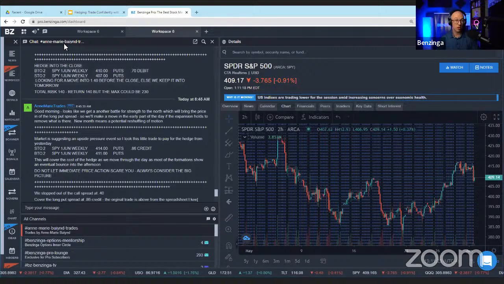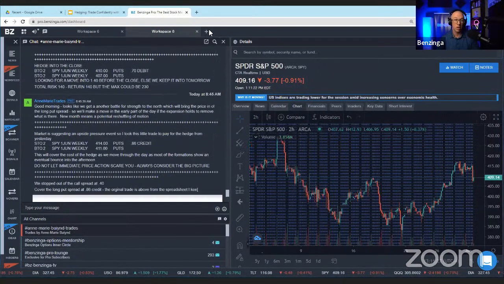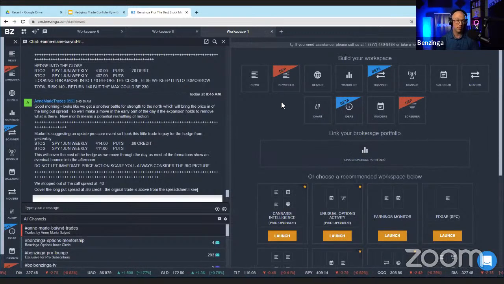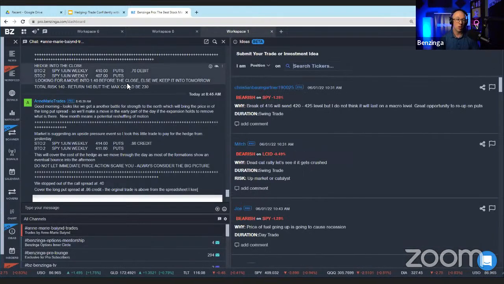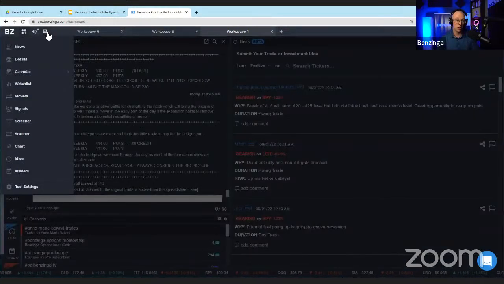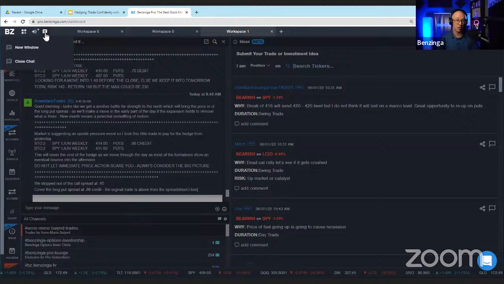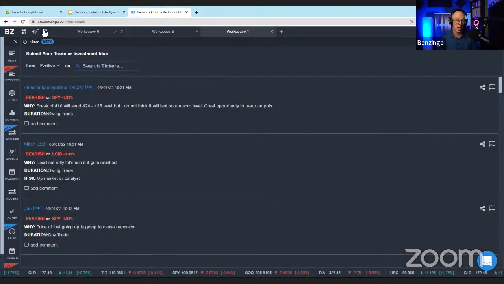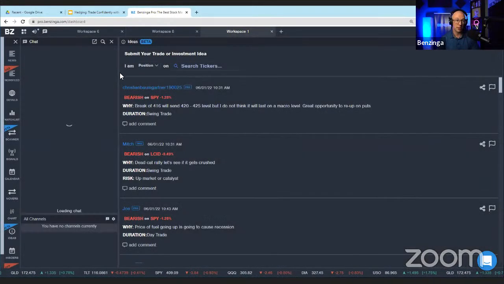But what I wanted to show you here is inside of Benzinga Pro, we've got this chat room. We have all these other tools for news, scanners, charting, you name it, a bunch of good stuff in here. What I wanted to show you is if you have the chat tool open, which you can open or close through this chat icon in the upper left corner, like close chat, then open chat.